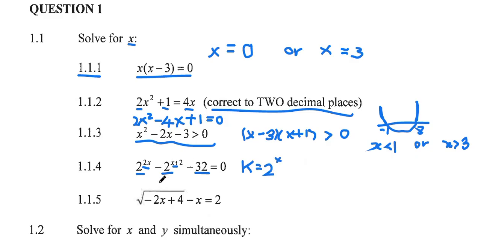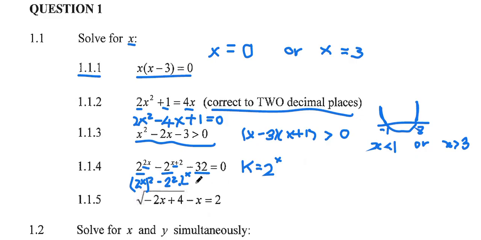So I'm going to rewrite this. This is minus 2 to the 2 times 2 to the x, and this is 2 to the x to the power of 2. Remember, when we have power to the power, we multiply, and that's why we have a 2x over there, because the powers were multiplied.